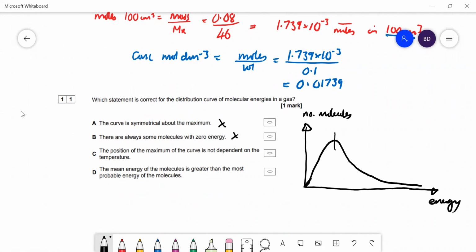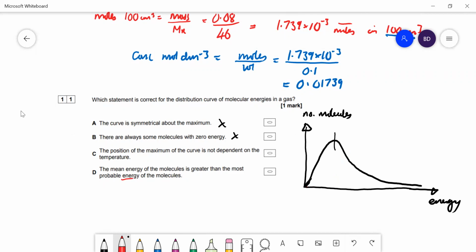The position of the maximum of the curve is not dependent on the temperature. Well, it is, because if you increase the temperature, the average energy is going to move across like that, isn't it? So that's wrong. The mean energy of the molecules is greater than the most probable energy.